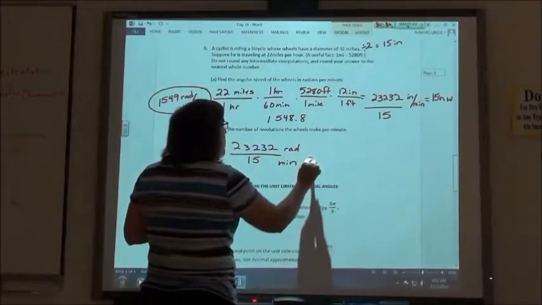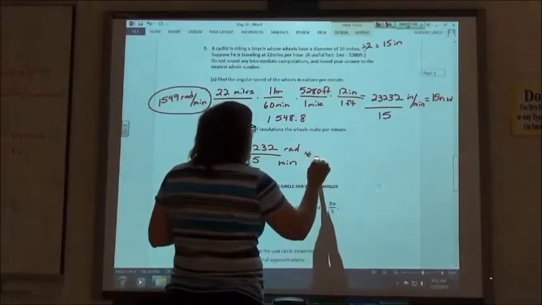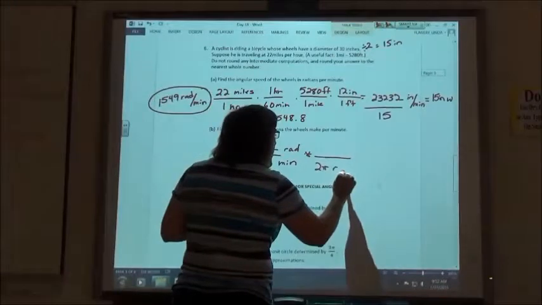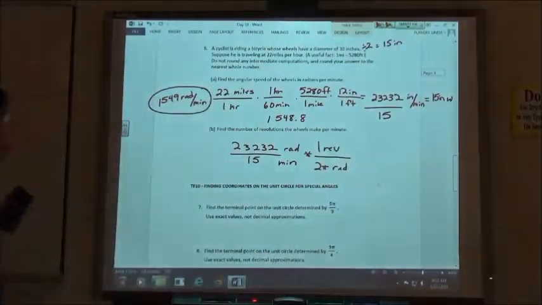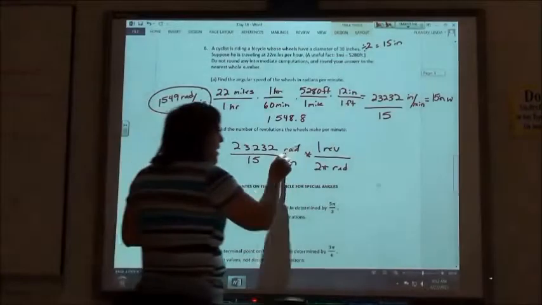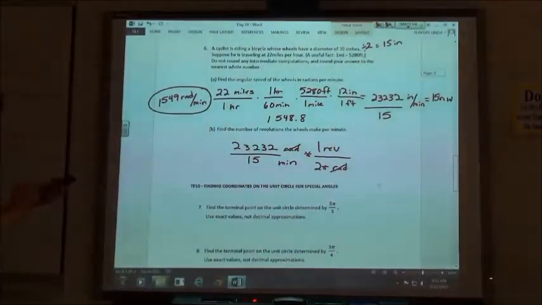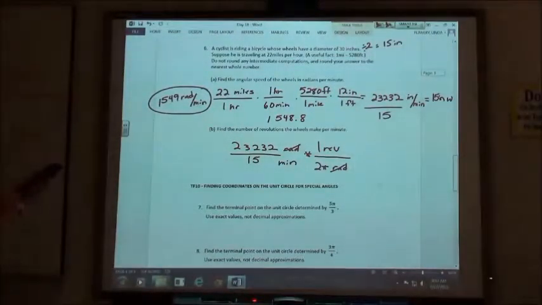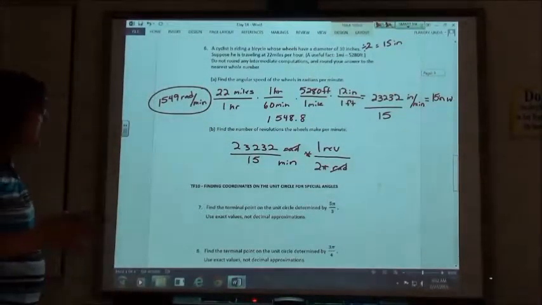I want to make it revolutions per minute, so I'm going to change radians. 2 pi radians is 1 revolution. So I'm going to use my conversion for radians, making sure the radians are on the bottom so they cancel out. So I'm going to take my 23,232. I have to divide that by, and since there's more than one thing on the bottom, I'm going to use parentheses.